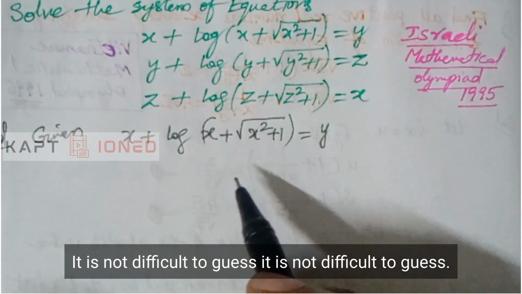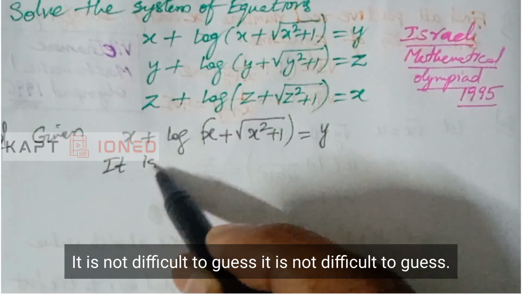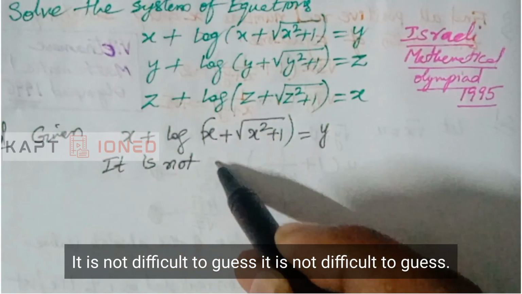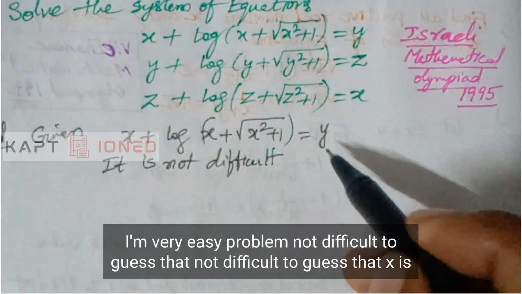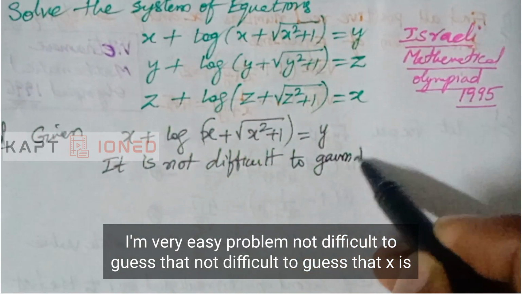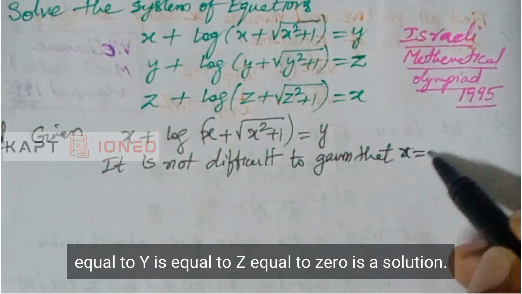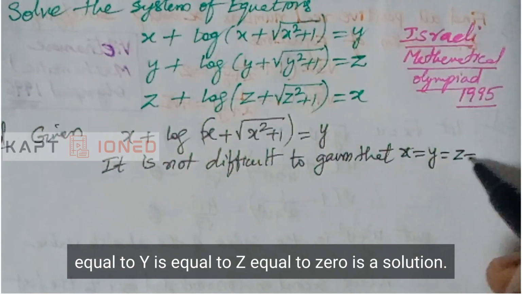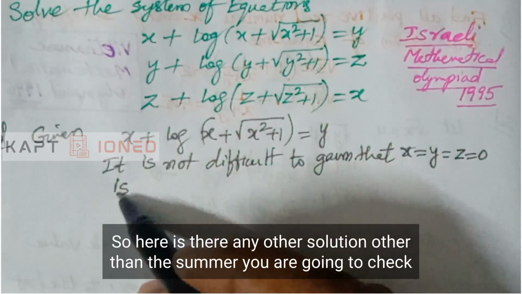It is not difficult to guess. Very easy problem. Not difficult to guess that x equal to y equal to z equal to 0 is a solution.